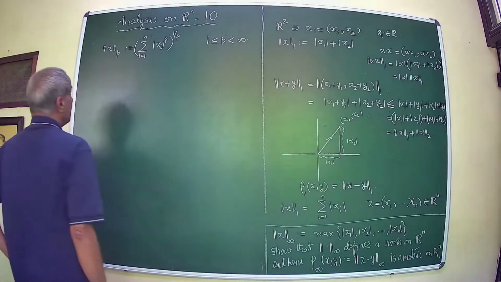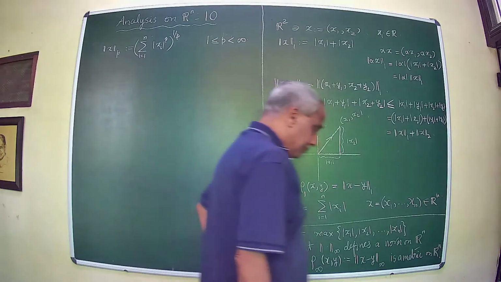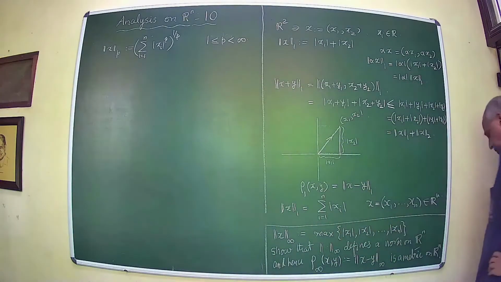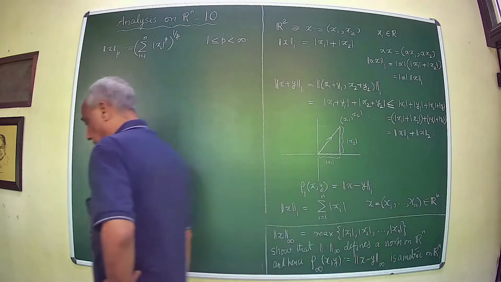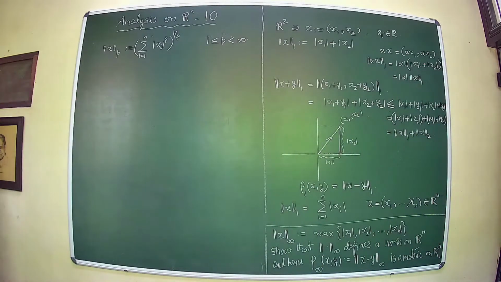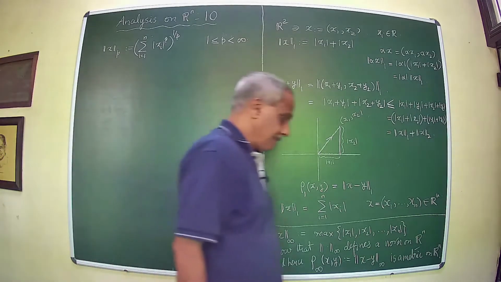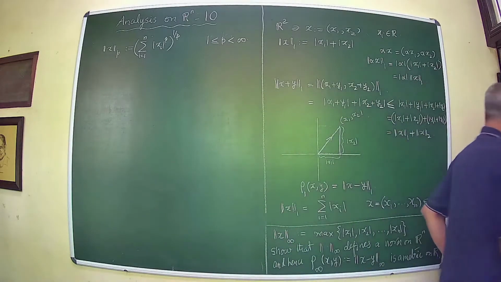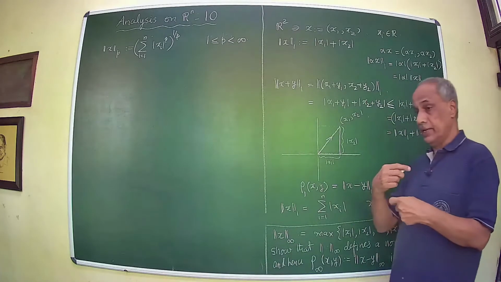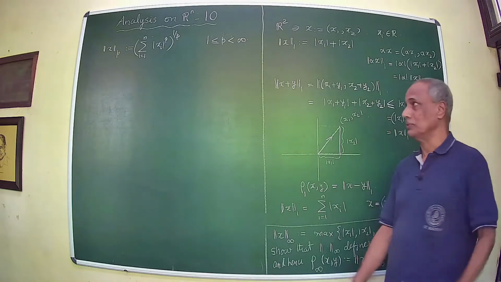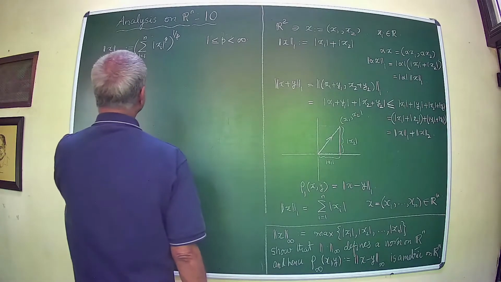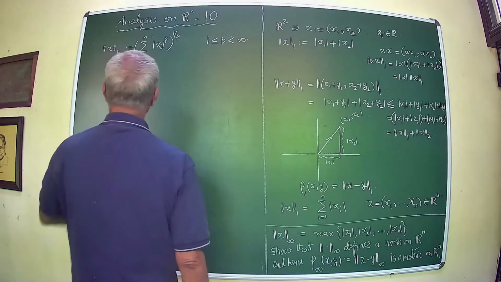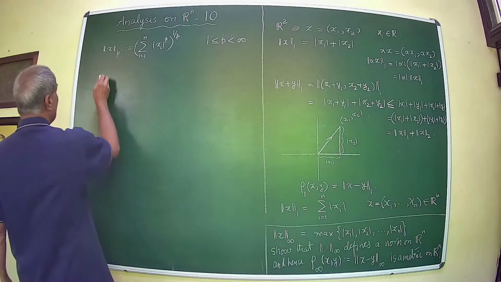So the problem here is to prove it's a norm. Like the case p equal to 2, we need some kind of an extra tool to prove this. Now what are the things you will have to prove?